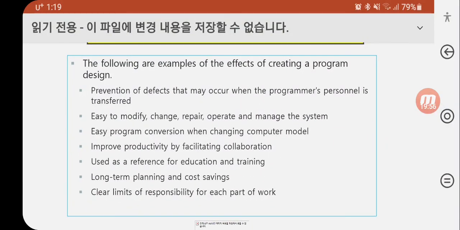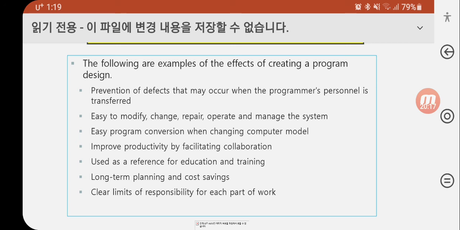The following are examples of effects of creating a program design. Prevention of defects that may occur when the programmer's personnel is transferred. Easy to modify, change, repair, operate, and manage the system.